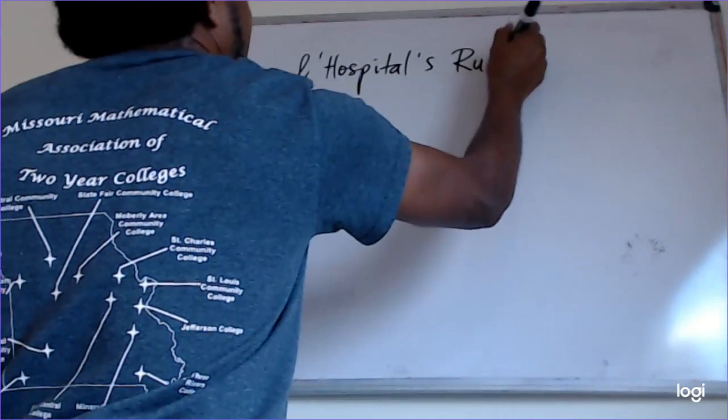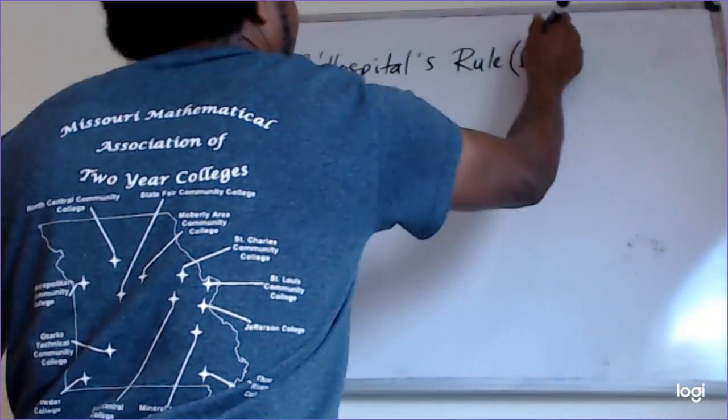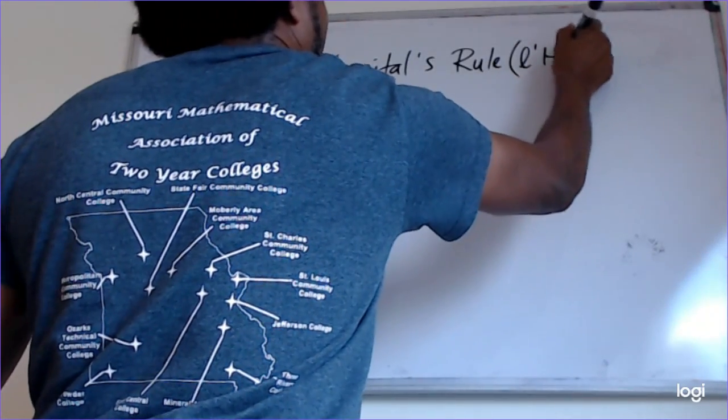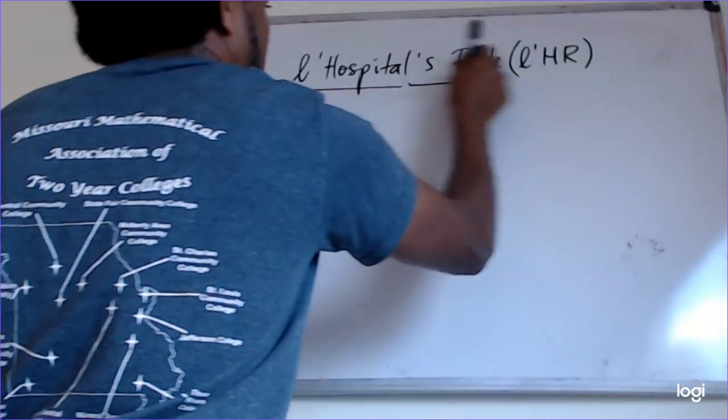rule, which is abbreviated as L apostrophe H and R. The L is usually lowercase.